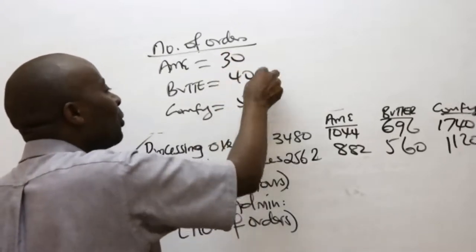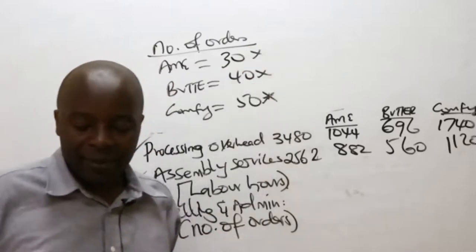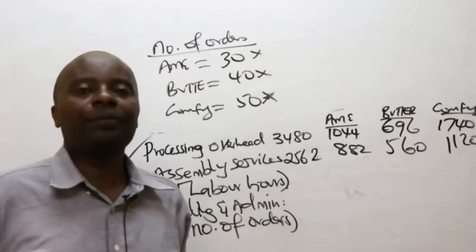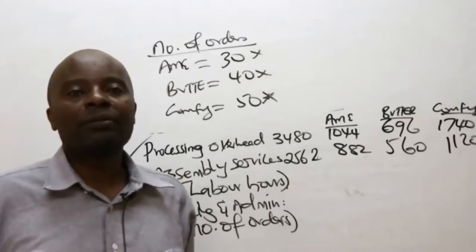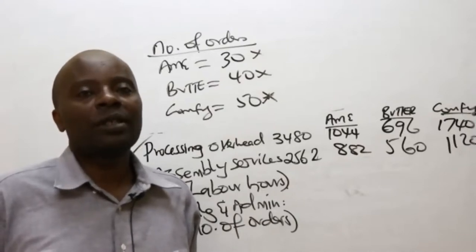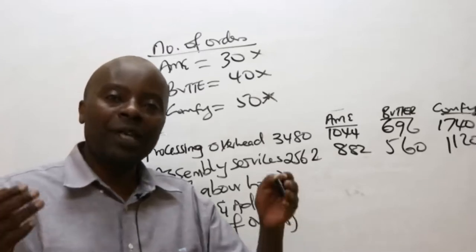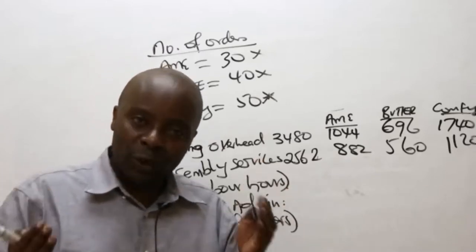Am I going to multiply them with anything to get the total? Or the way they are, they're already in terms of total. Don't multiply because they have not told us number of orders per unit.